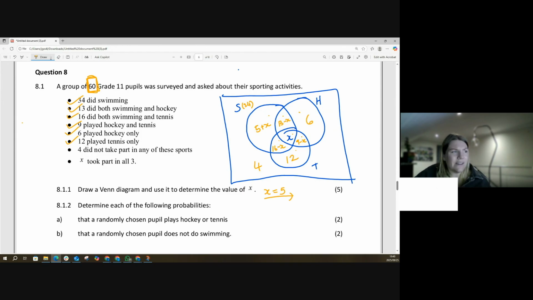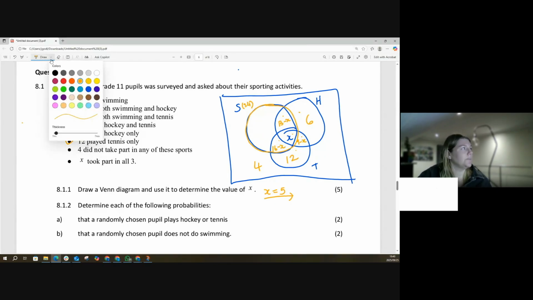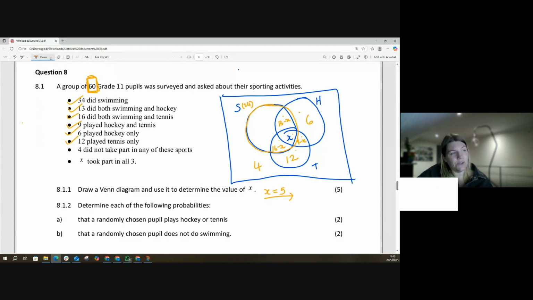I'm trying to think. Abu, did you have 5 plus X here, or did you write that as 5 minus X? Okay. So I think that's what happened. So everything in here has to equal 34, right? So let me get rid of this for the moment. Let me show you. So everything in this circle has to equal 34.